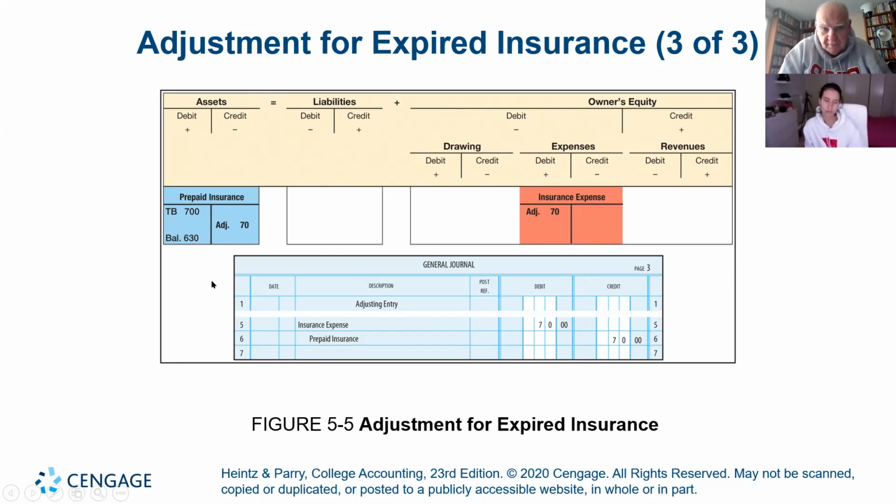What we're going to do, Daria, we're going to do the same thing in July, August, September. We're going to write the same exact entry. And after those 10 months, the balance in this account will be zero because the policy has expired. And we're going to see $70 worth of expense every month for the next 10 months. Debit insurance expense, credit prepaid.